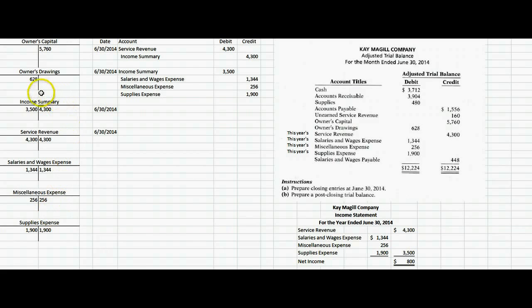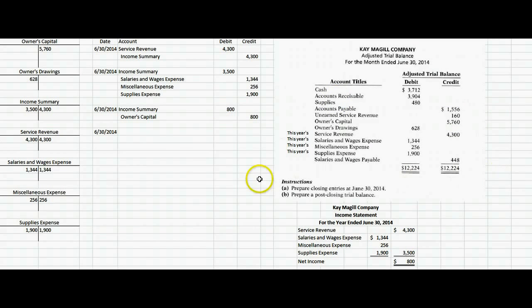And what is the balance in income summary? $4,300 worth of credits minus $3,500 worth of debits is $800, and that's our net income. Income summary is called income summary because it summarizes the net income. Now, since we made money, it makes sense that our owner's capital account would increase because of the money that we made.